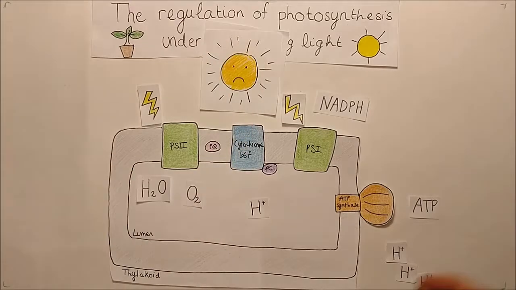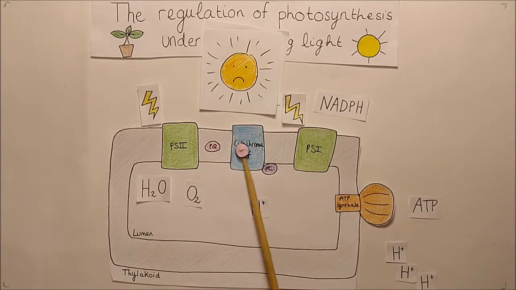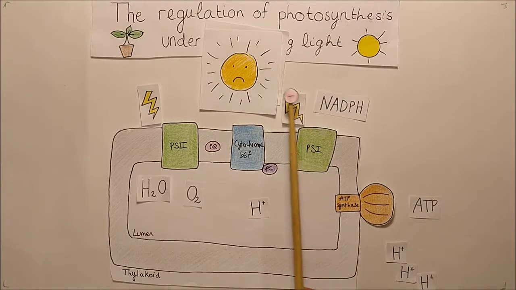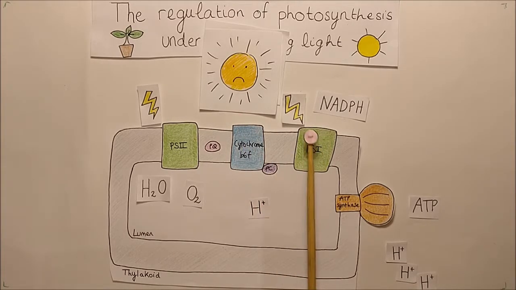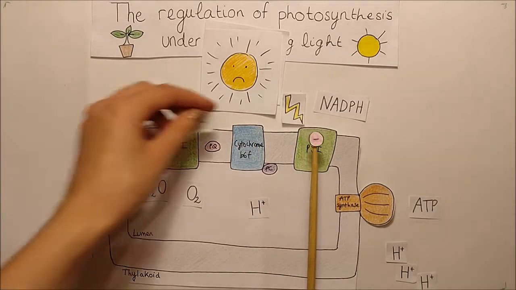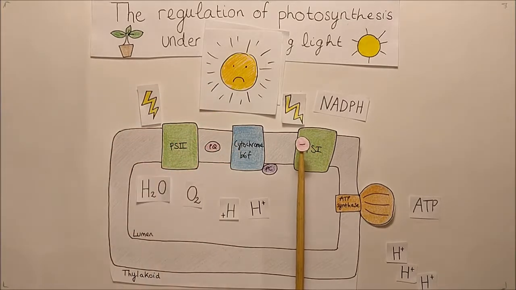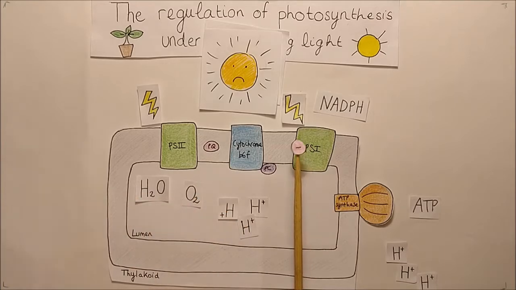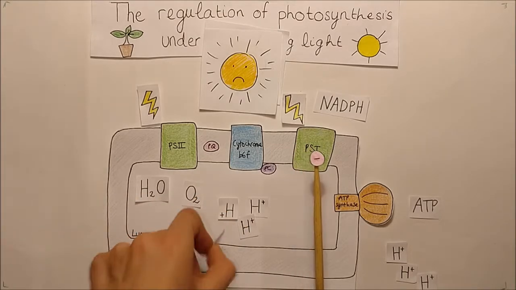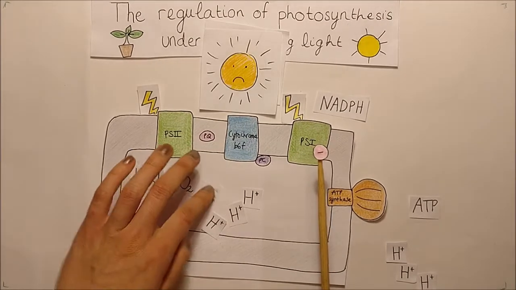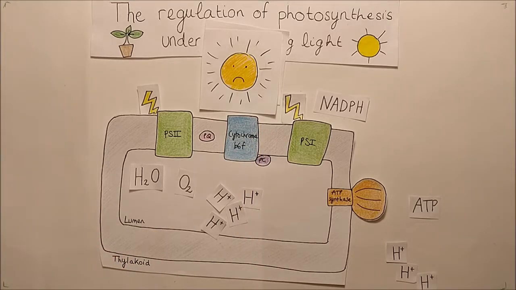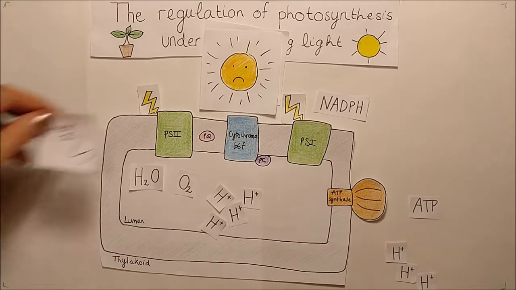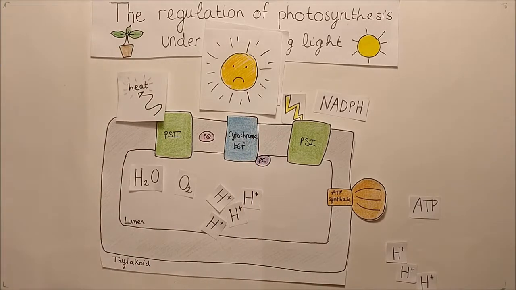What happens when the light intensity increases is that the flow of electrons is changing from a linear to a circular way. The result is that more and more protons enter in the thylakoids. Then the pH decreases, and it activates a special mechanism that allows to eliminate the excess light energy by producing heat.